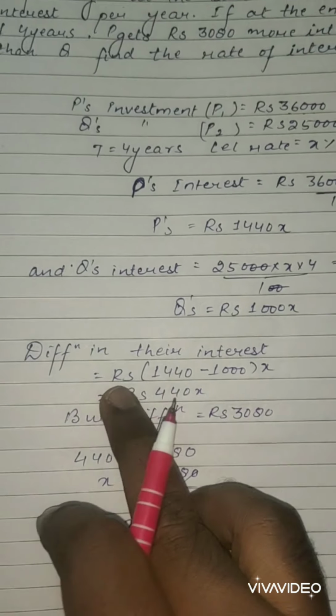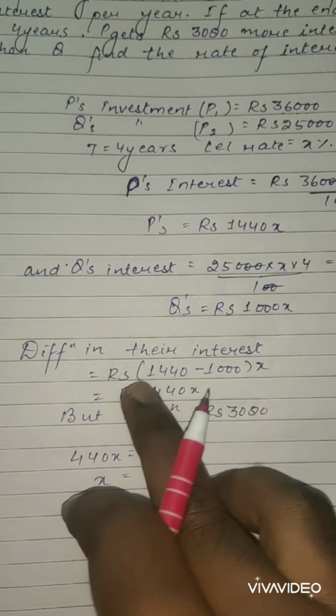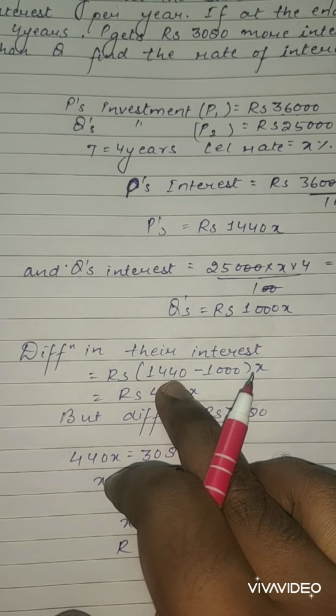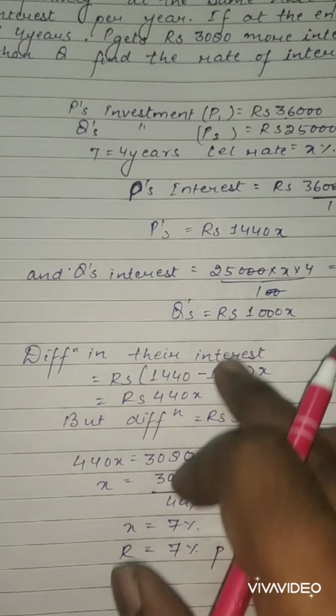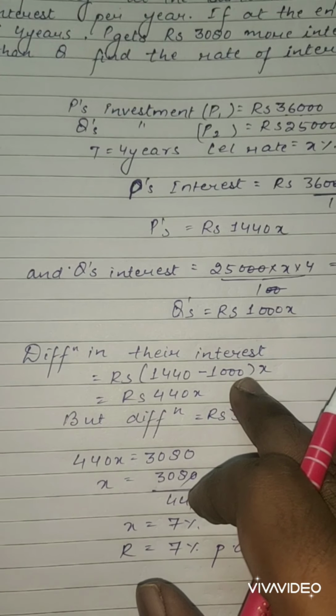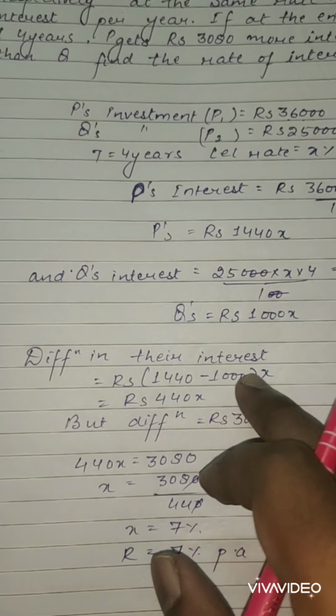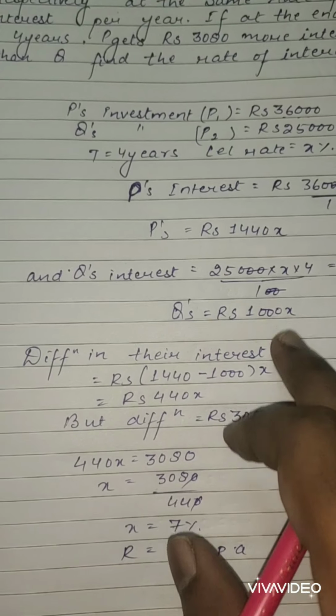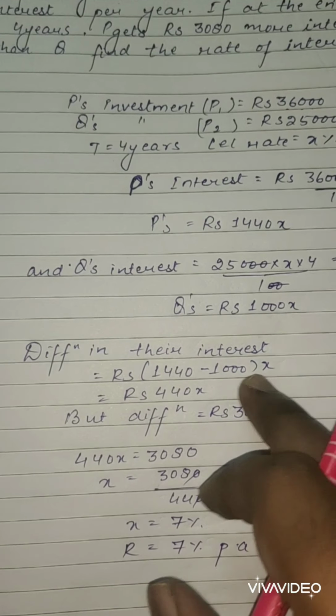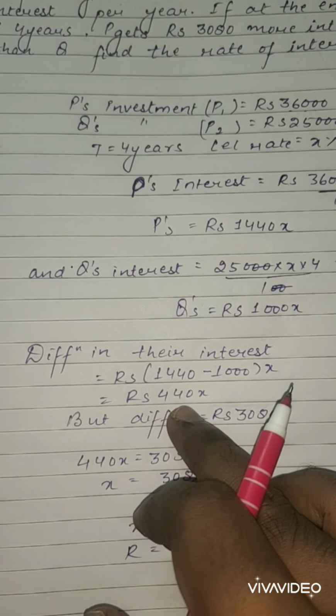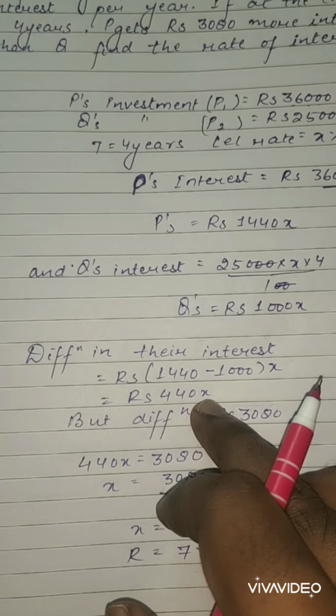So what will be the difference in their interest? Rupees 1440 minus rupees 1000, and we have taken out X as common outside the bracket. Now we will get rupees 440x.